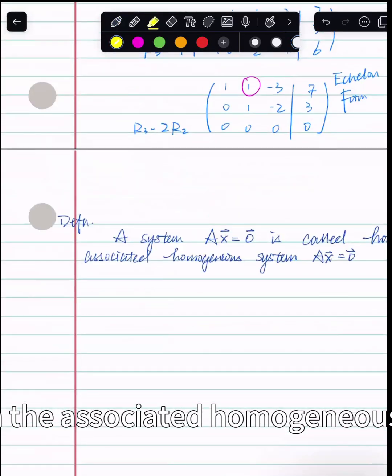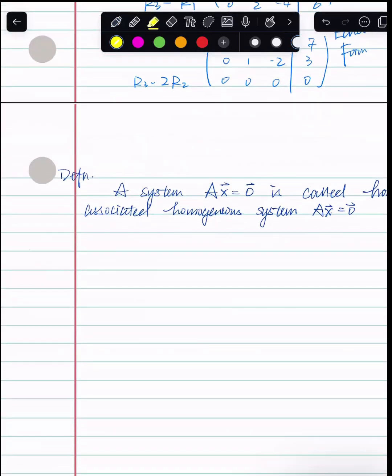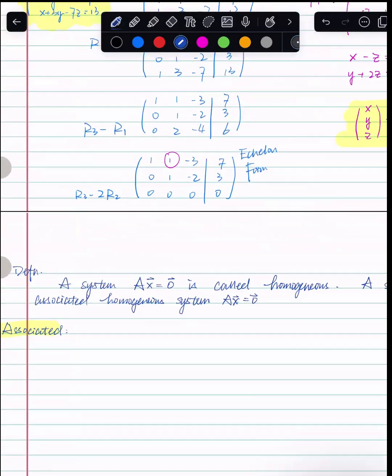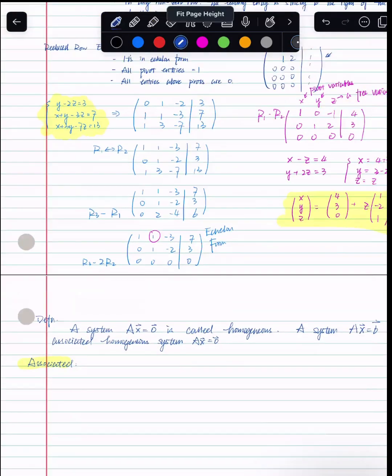And then the associated homogeneous system is when you just change the right side to be zeros.